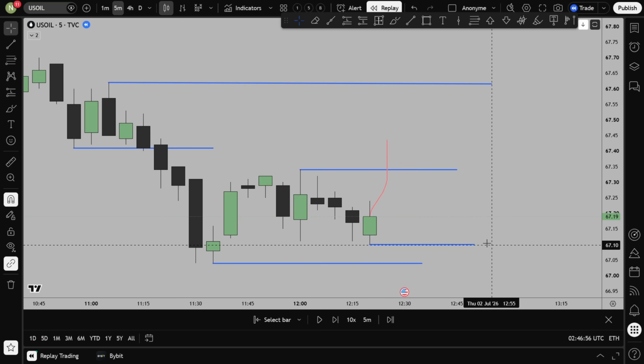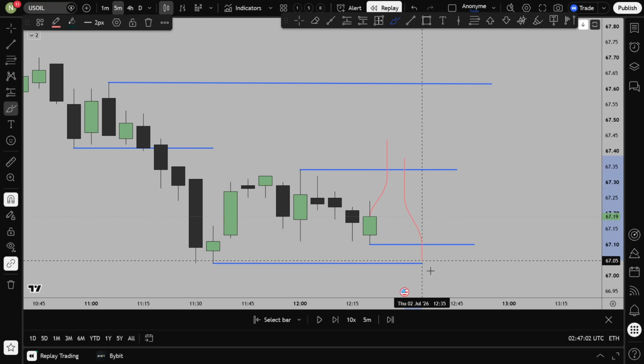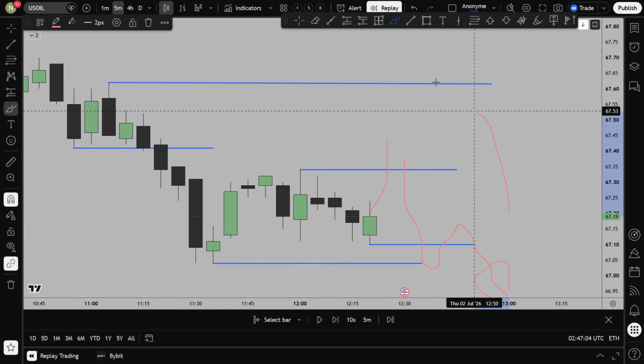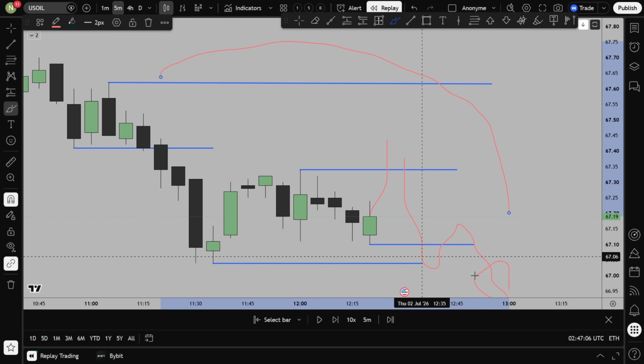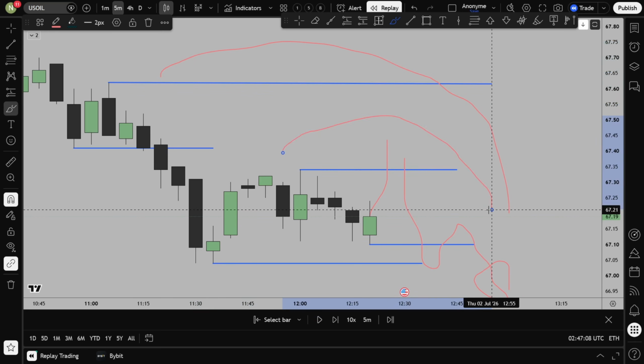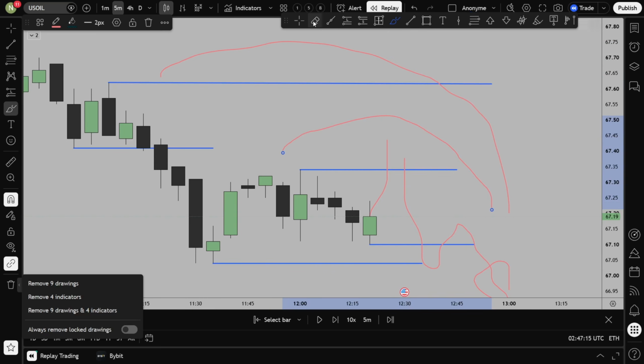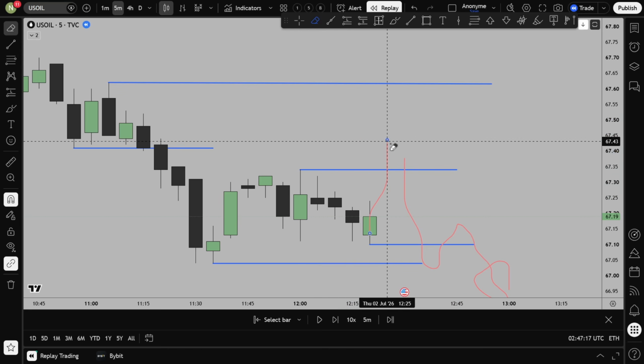That would be a change of character. Then if it breaks, meaning we are going to enter into a change of character, meaning a continuation into a macro decision, but it is a reversal into a micro decision. So let me just remove this thing. I hope this is not confusing. I try my best to make it as clear as possible.